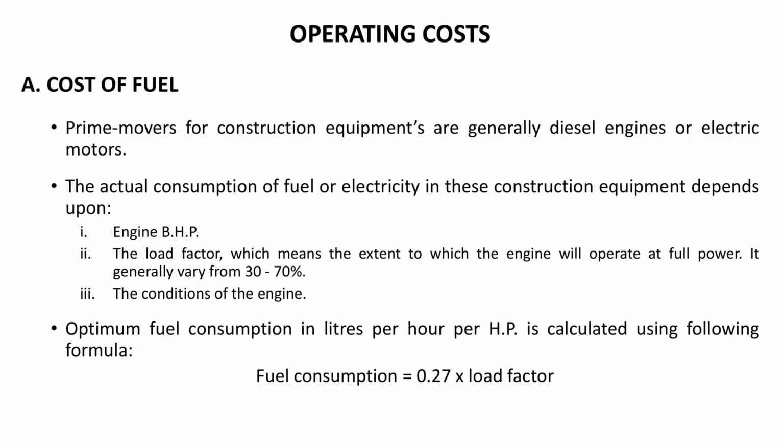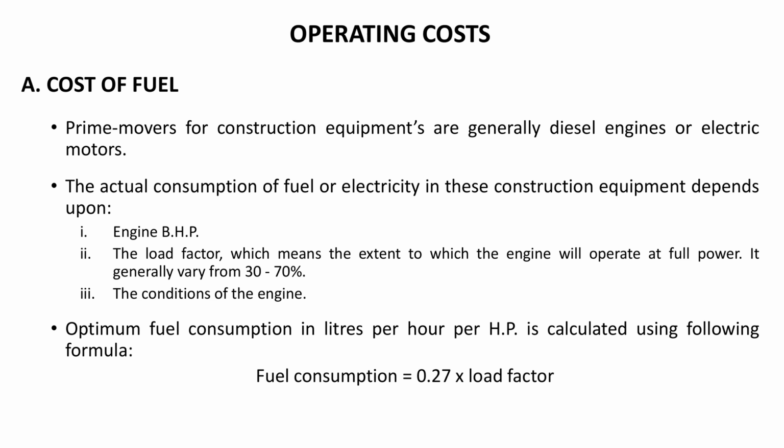Now we will look into the costs associated with an equipment under the operating costs. We have cost of fuel. Prime movers for construction equipments are generally diesel engines or electric motors. The actual consumption of fuel or electricity in these construction equipments depends upon engine horsepower, the load factor, which means the extent to which the engine will operate at full power.